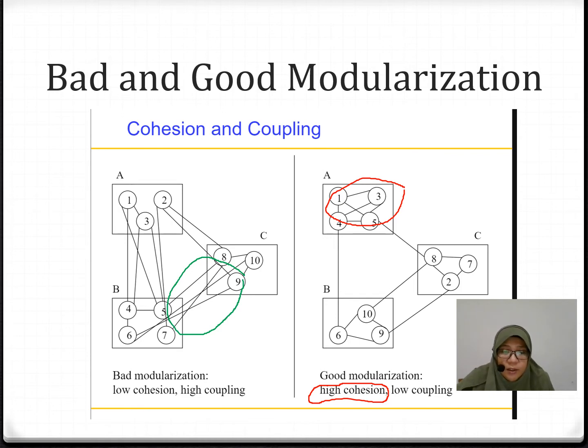Function number 10 can interact with function number 6. This is high coupling. So we aim for high cohesion, low coupling. Okay, that is the good design principle. Good modularization. Okay, so we want to avoid low cohesion and we want to avoid bad modularization.